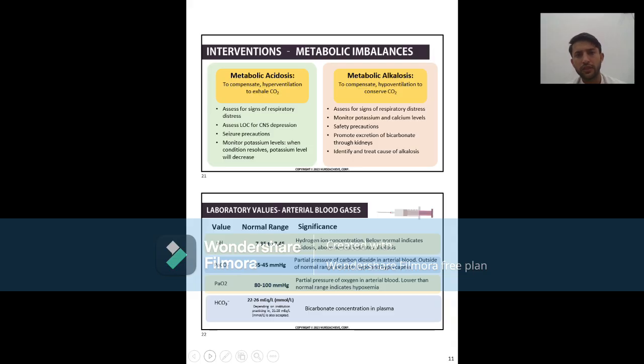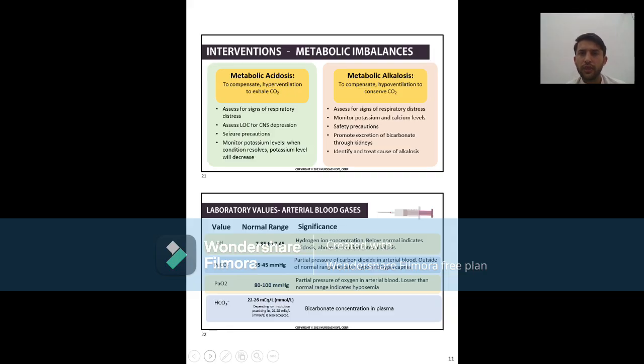Seizure precaution is also important to prevent the patient from any damage or any fall. Monitor potassium level, which is very important because high potassium can cause cardiac arrest. Potassium level will decrease, so we have to keep vigilance on this electrolyte.